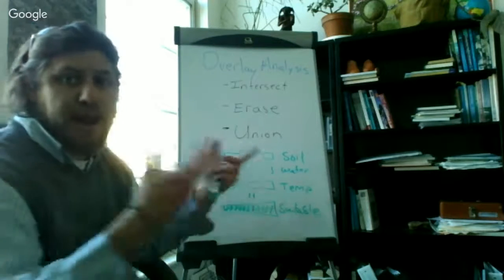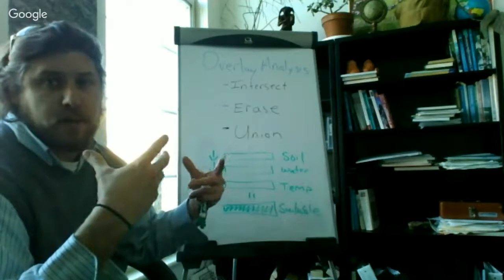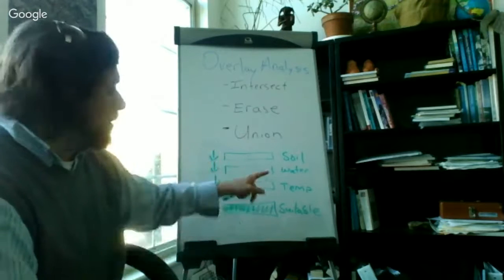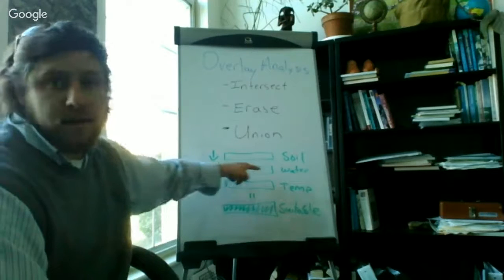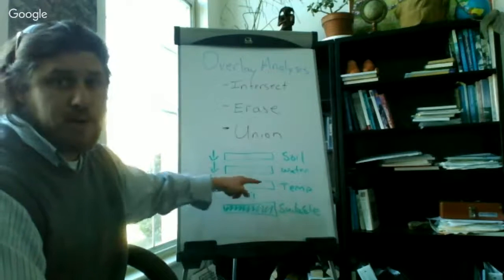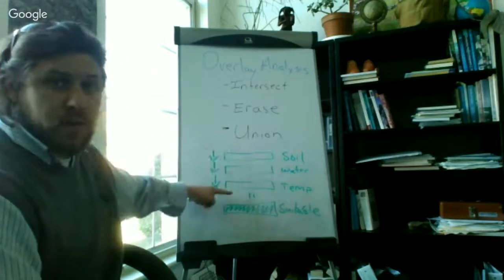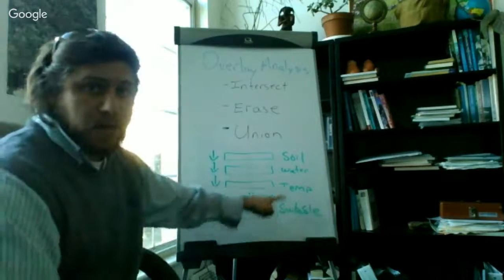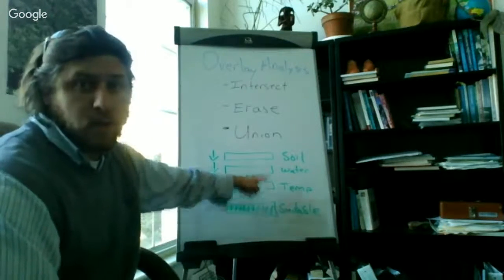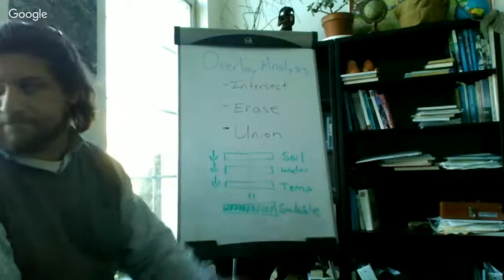If we can extract those out as factors and create layers of all the spots that have good soil, the correct amount of water, and the correct temperature, we can overlay those together, which will result in a layer that tells us the spots where all of these conditions were met.